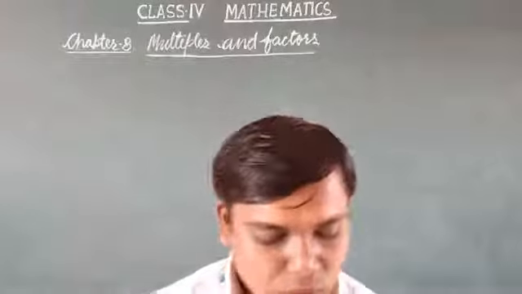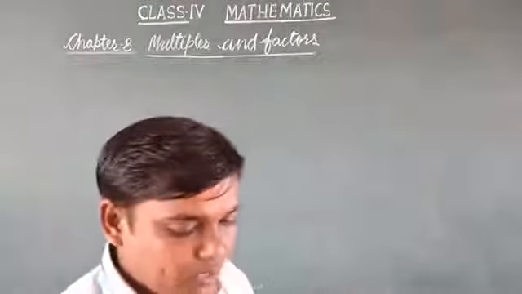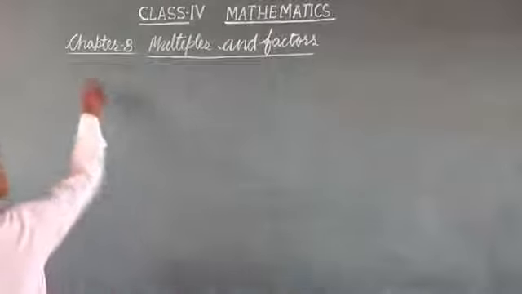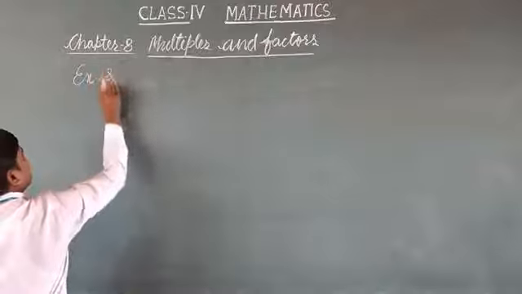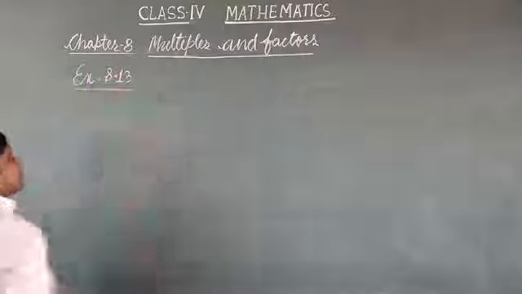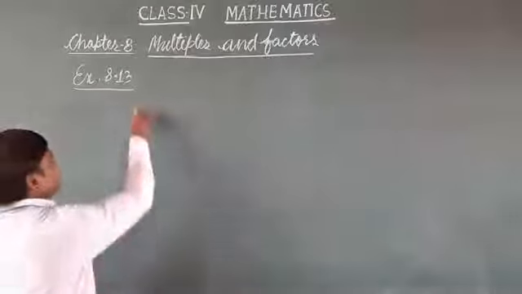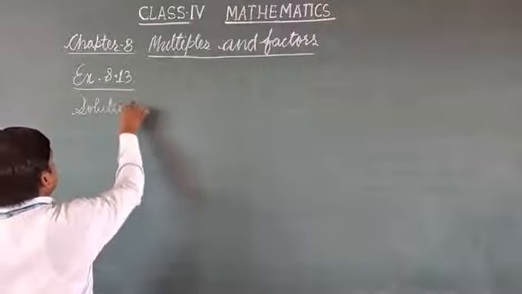I am directly coming to the question which is given in exercise 8.13. Question number 1. I am taking the question directly from exercise 8.13. Read the first question. Here I am writing the solution of the first question.